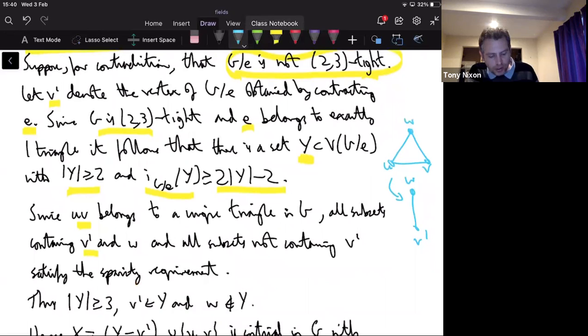So it must be that Y has size at least 3, it must be that V dash is in Y, and it must be that W is not in Y.